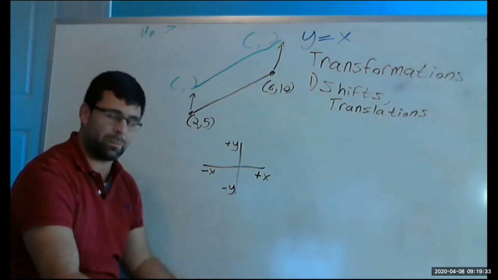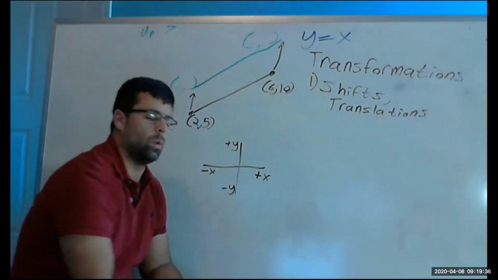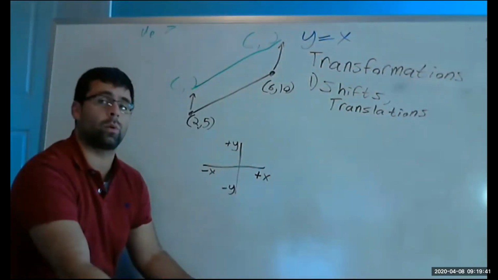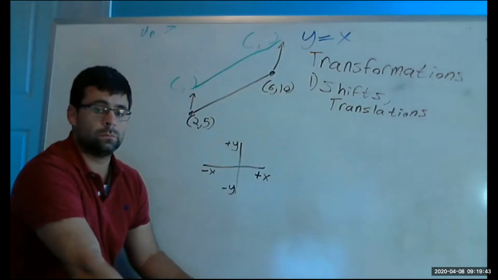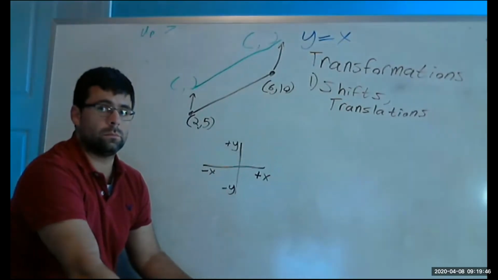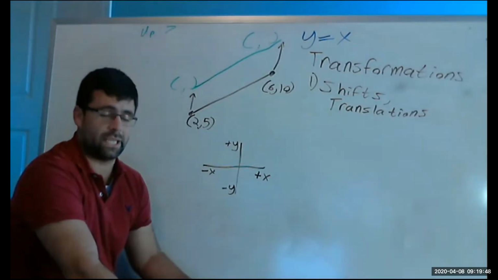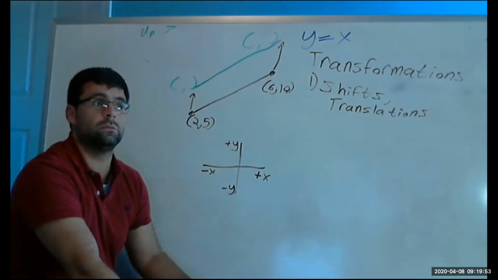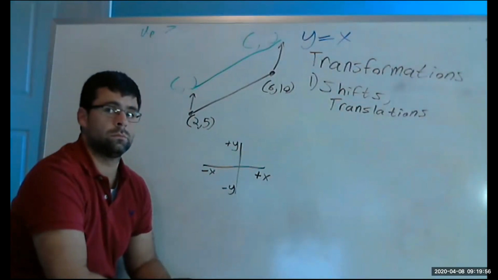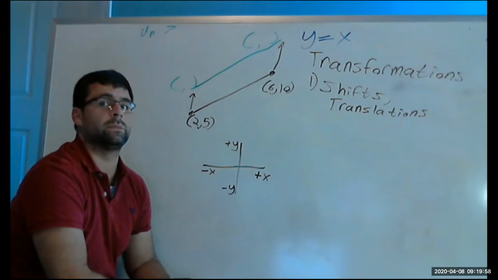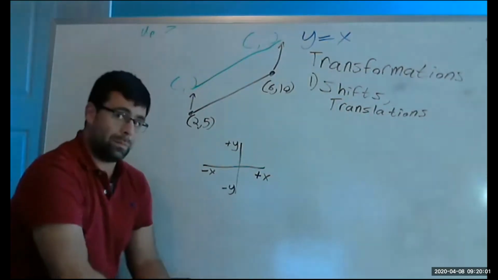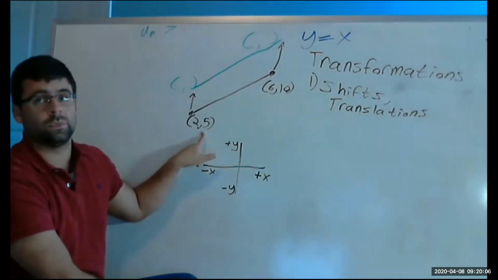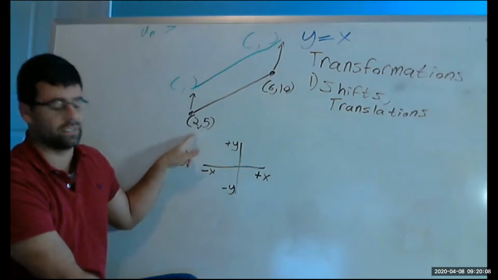So if you go up by 7, what coordinate determines up or down? The second one. Y, the second one, yeah. And up means what about the second one? It is positive. So if you go up by 7, you were at (2, 5). You didn't go left to right, so the 2 stays the same.